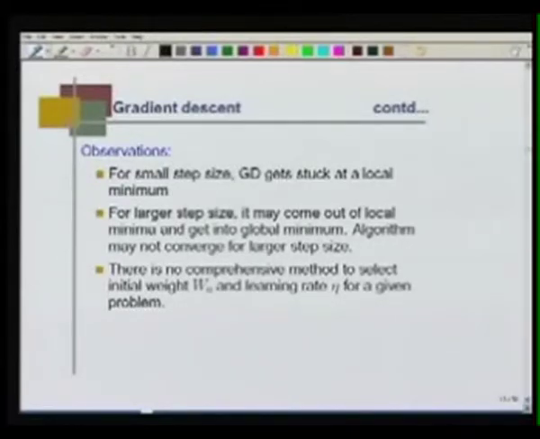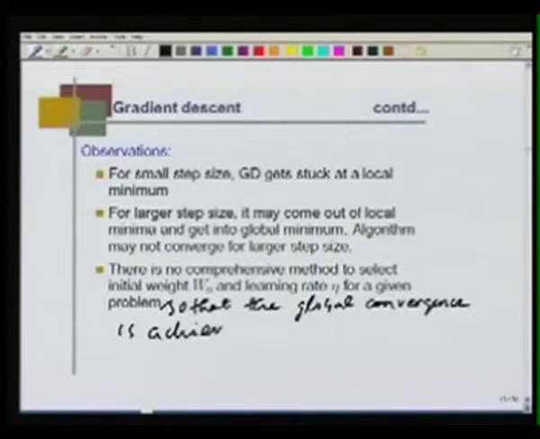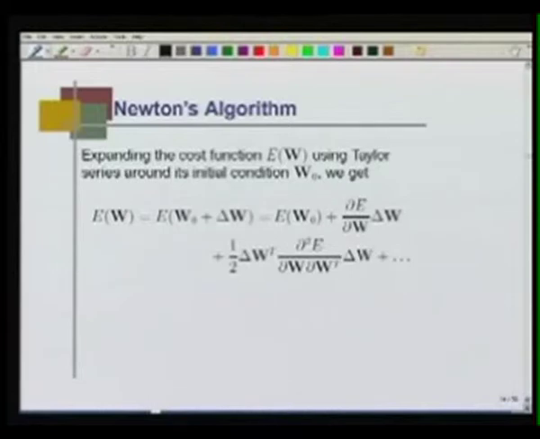There is no comprehensive method to select the initial weight W naught and the learning rate eta for a given problem so that global convergence is achieved. So, that is about gradient descent.